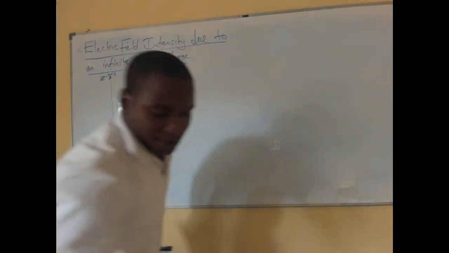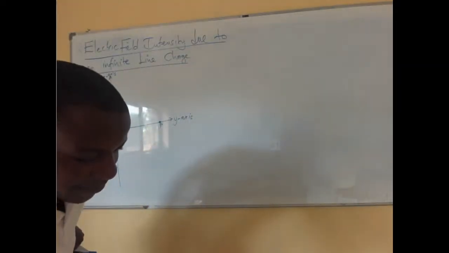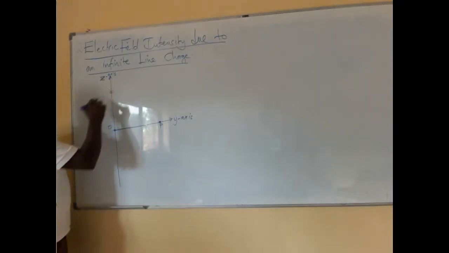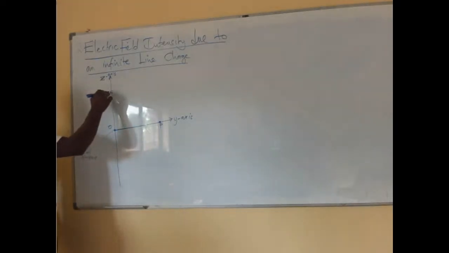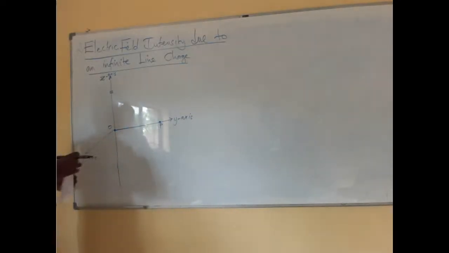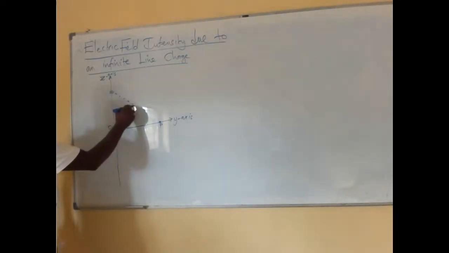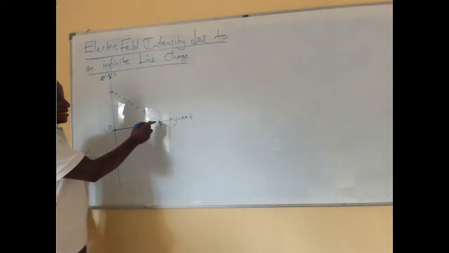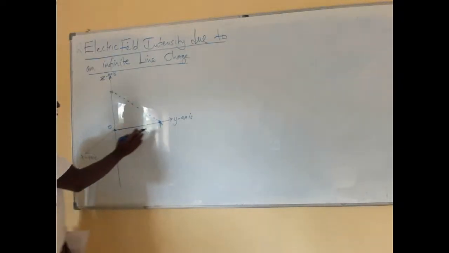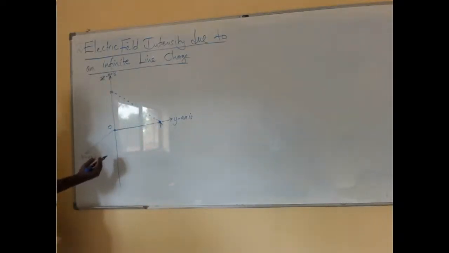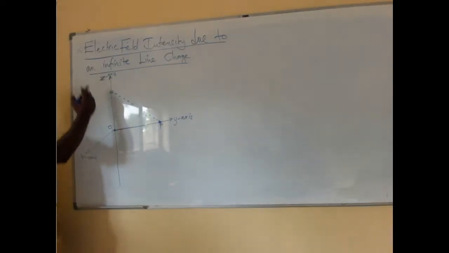Now, remember, we have to cut a small part here, so that we see the effect of this small component on point P. If we are standing at this point, then this is the distance up to where this line is. Remember, this is an infinite line charge.